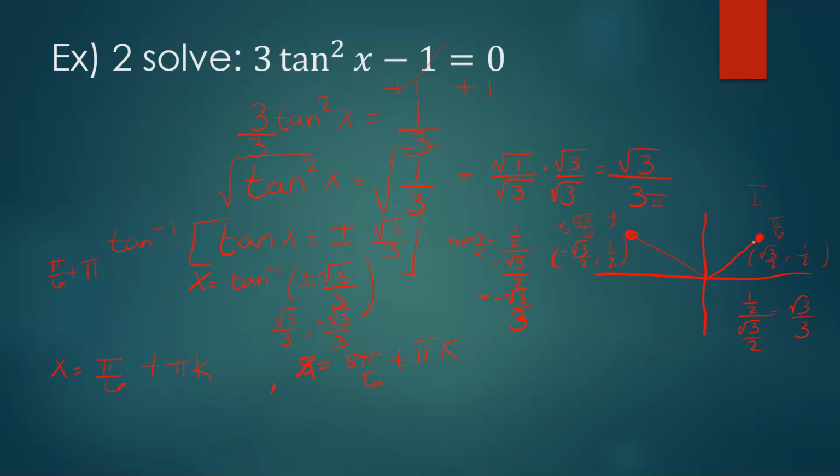So the same thing with this one. If you did 5 pi over 6 plus pi k and say k equals 1, you would end up here. So that's why it's going to be pi k instead of 2 pi k, because you're moving 180 degrees, so you'll eventually end up in the same place. So that can be a little bit tricky. Okay.